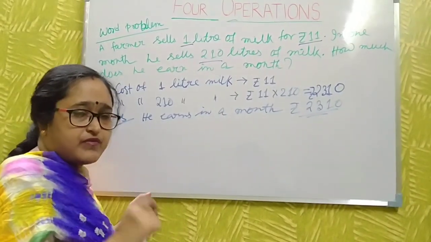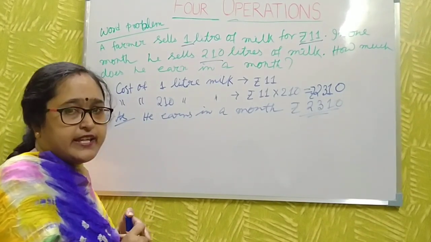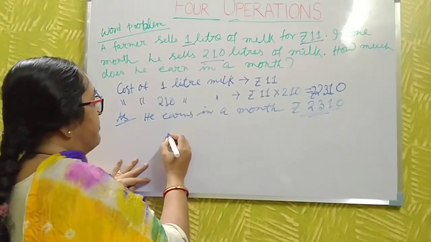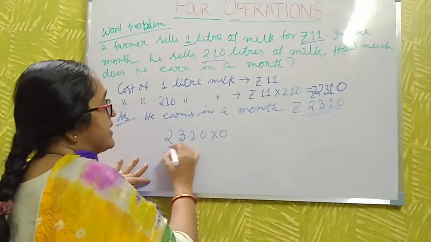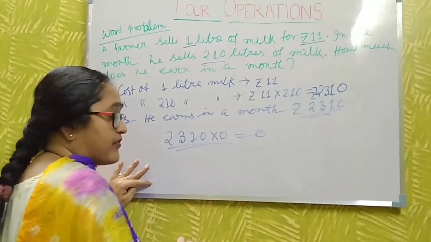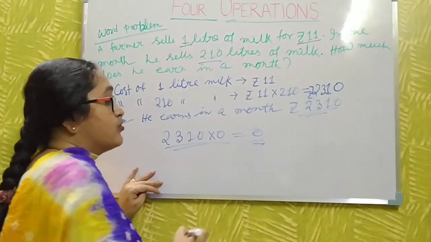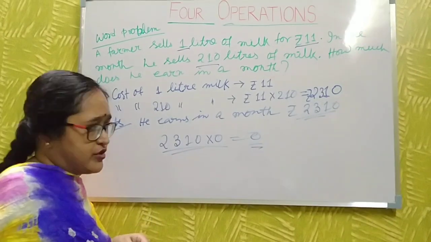Now I say some keywords, some tricky things. If you multiply any number by 0, the result becomes 0. Okay, very carefully, you remember it. If you multiply 0 with any number, the result becomes 0.